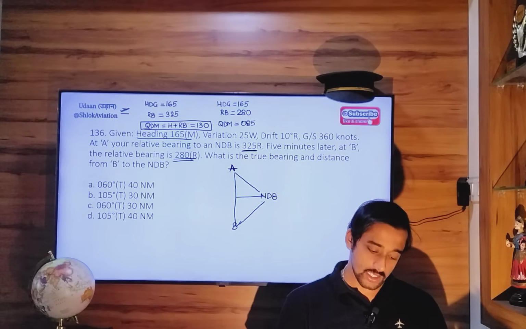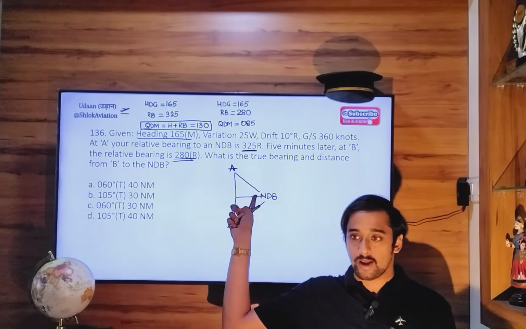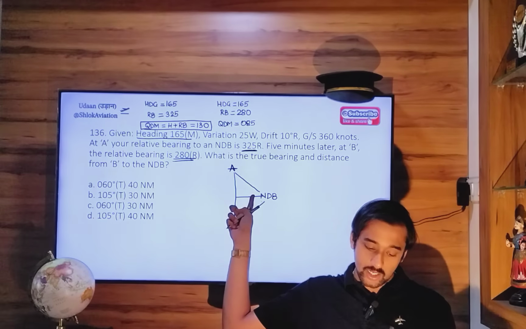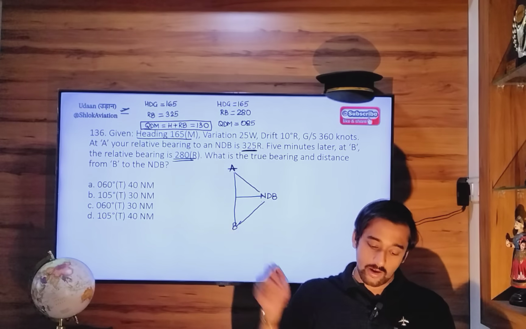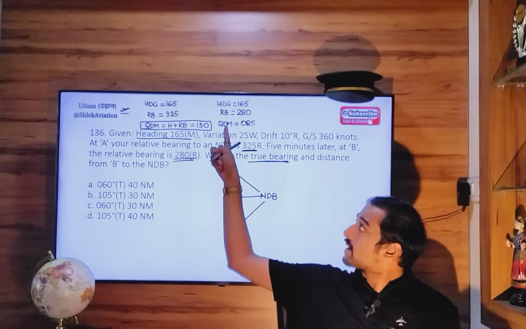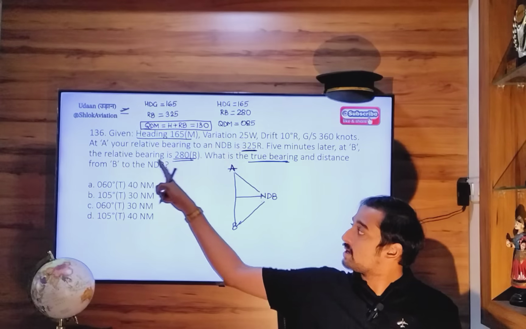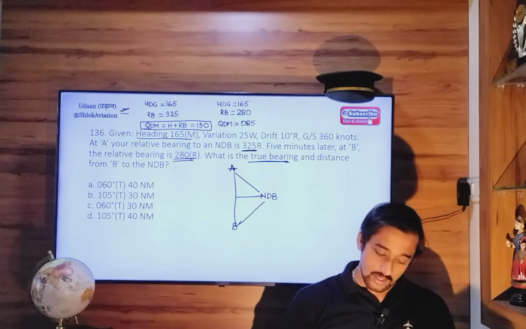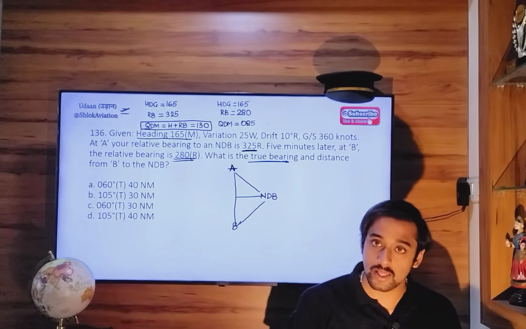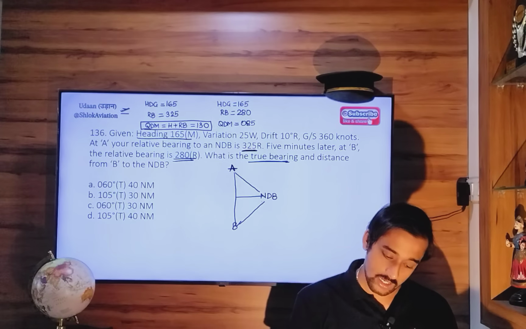You have to find the distance from B, and you have to find the true bearing. Magnetic bearing to the station is 085. We have to find the true bearing to the station, so we apply variation.